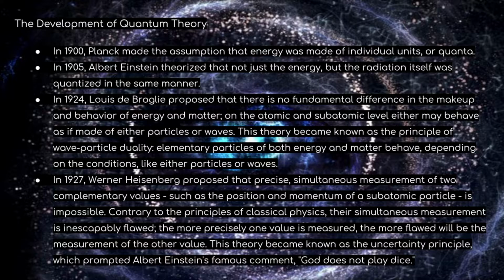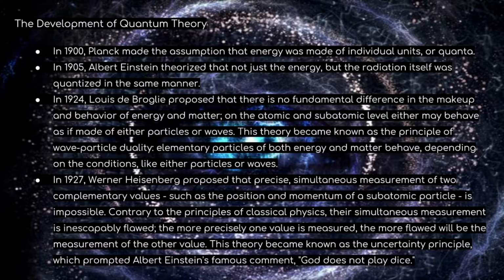So in 1900, Planck made the assumption that energy was made of individual units or quanta. In 1905, Albert Einstein theorized that not just the energy but the radiation itself was quantized in the same manner. In 1924, Louis de Broglie proposed that there is no fundamental difference in the makeup and behavior of energy and matter.